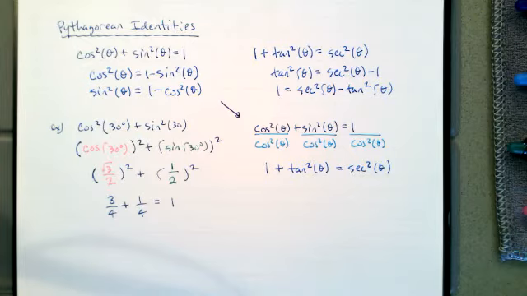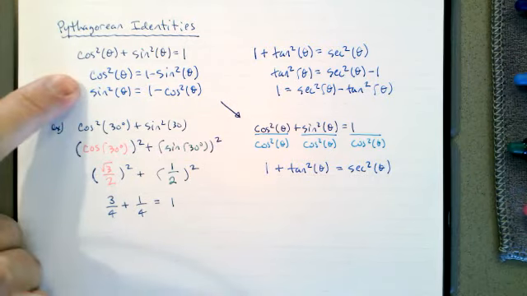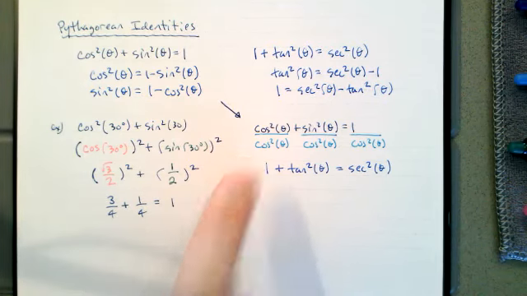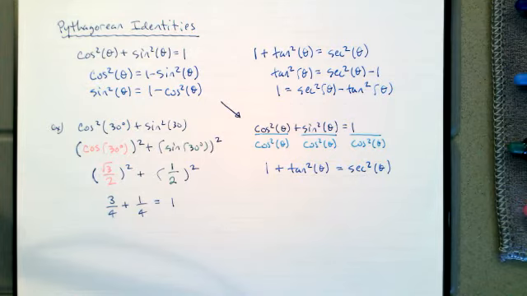Remember that on the unit circle, the x is the cosine theta and the y is the sine of theta. And so that tells you that cosine squared plus sine squared is equal to 1. The rest of it is just either subtracting or dividing by cosine to transform cosines and sines into secants and tangents. Any questions?